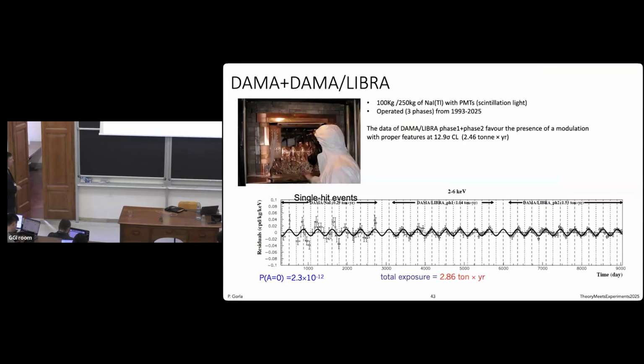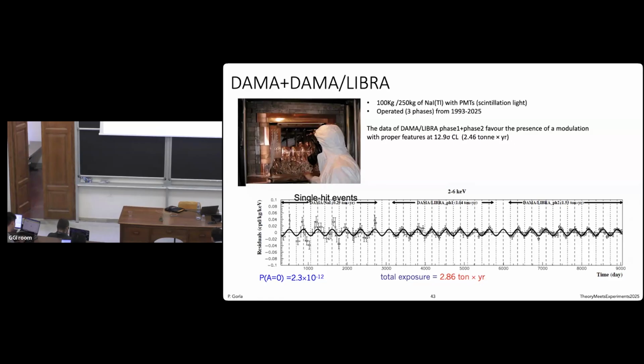So you have almost 25 years of data. What you see here is the first phase, with a bigger error on the modulation, and then with the improved mass and the improved phototubes, the error on the rate points decreased.